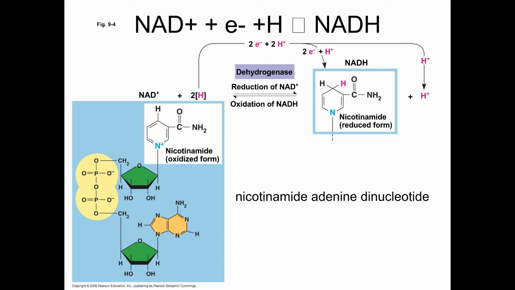And it is reduced to form NADH. So NAD+, its charge is going down, is reduced to form NADH. And that is our electron carrier. We're going to talk more about this. I'm just introducing. Question? No? Okay.